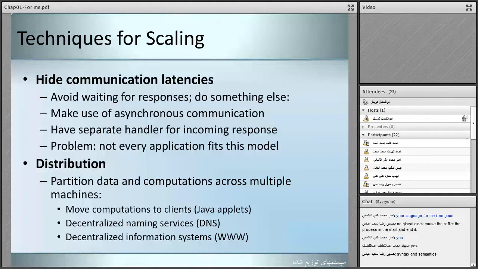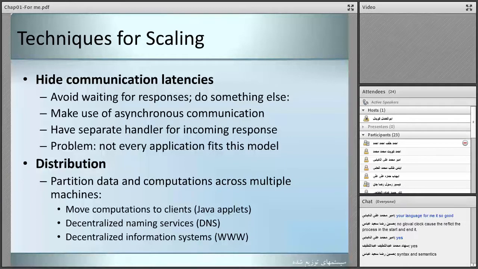And we have decentralized naming services, or DNS. DNS is a naming service to convert the address of a website to the physical location of the server on which the website is stored.